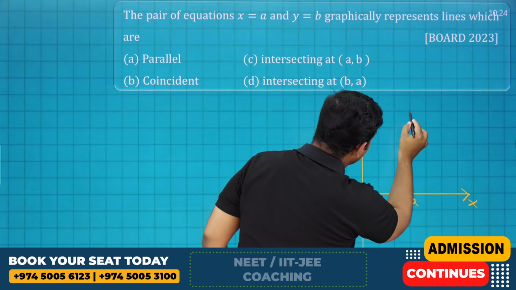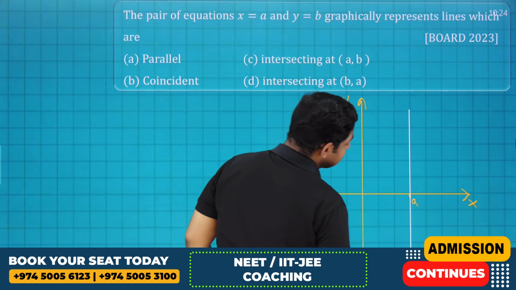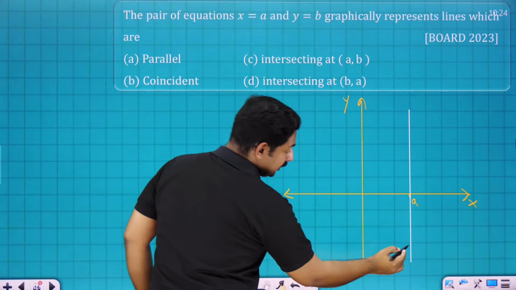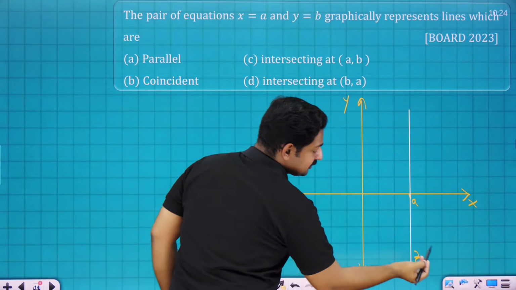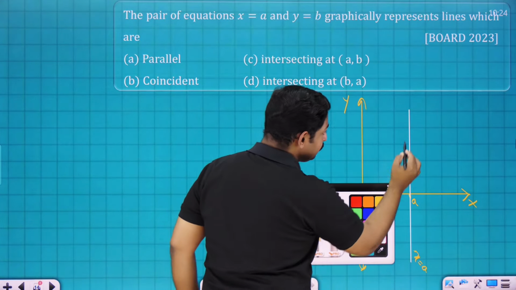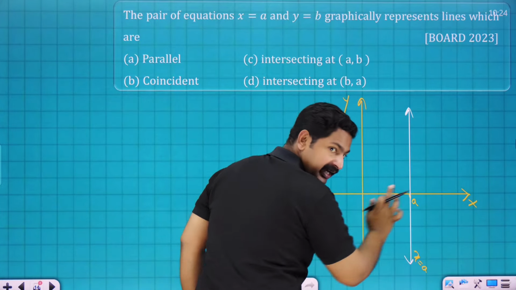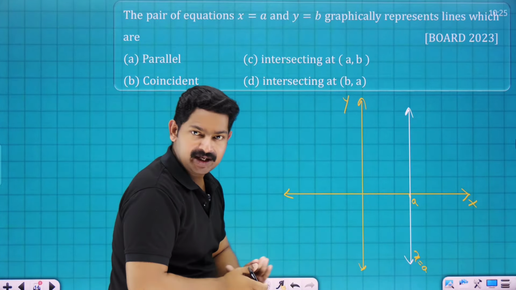You can see, so this will be the graph. That is x equal to a. This is the graph of x equal to a, which is passing through the point A in x-axis and parallel to y-axis.